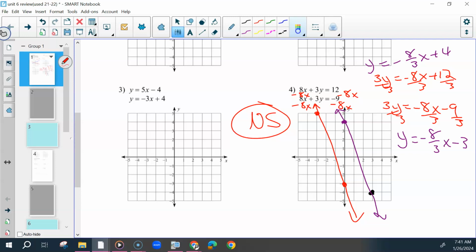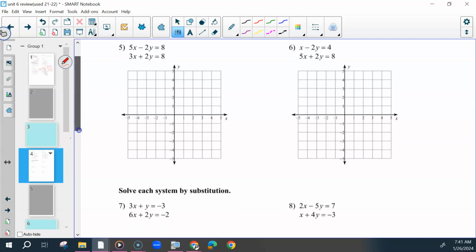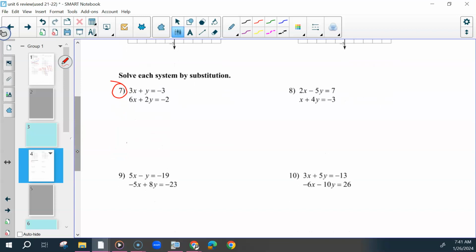Moving on to substitution, questions in that section. For number 7, we're looking for a variable that is by itself. You could really solve for any of these, but the easiest would be the variable that's by itself.